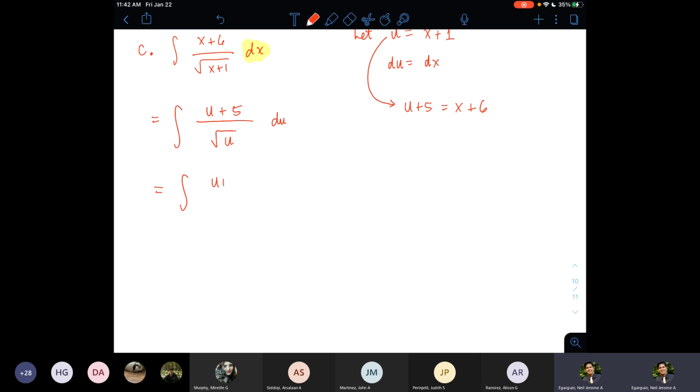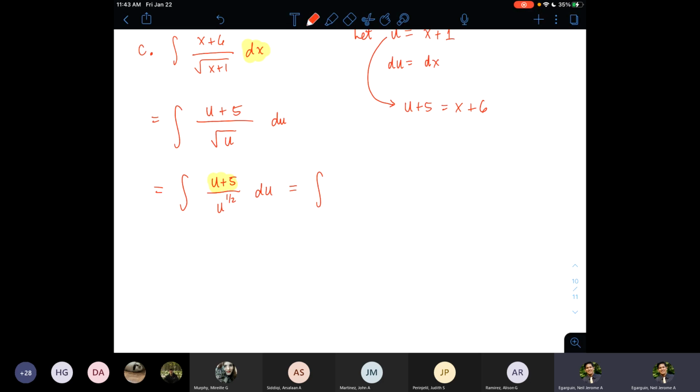But you see here that u plus 5, I can rewrite this as u plus 5 over u to the 1/2 du. And division by a monomial is much easier than division by a binomial, because here I can divide both terms in the numerator by the denominator u to the 1/2 separately.